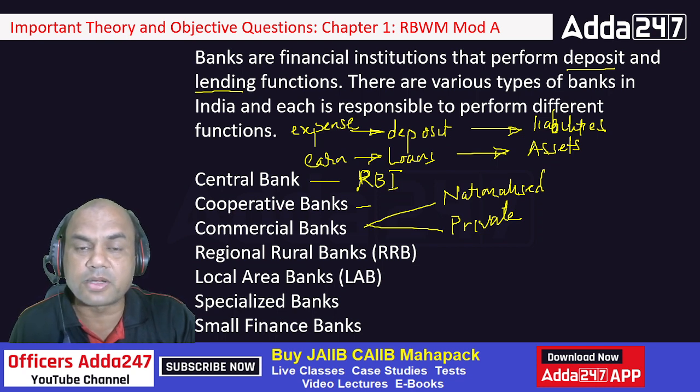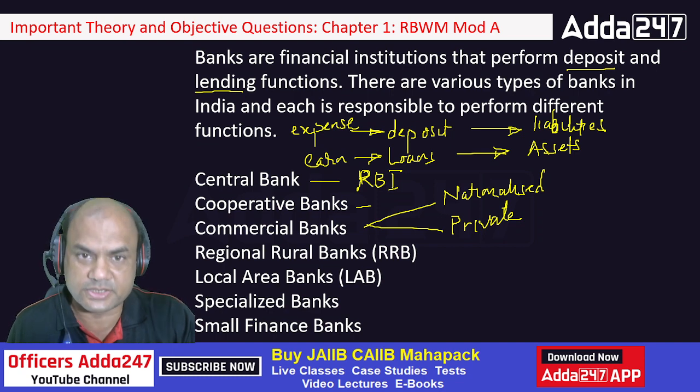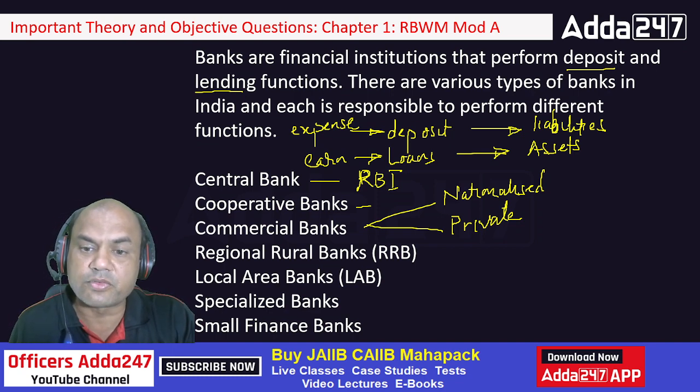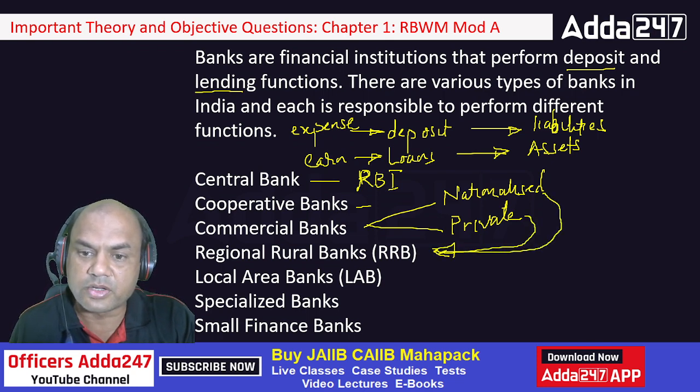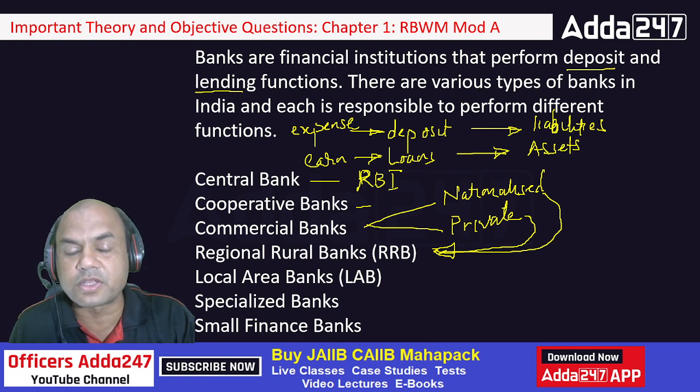Cooperative banks can't be traded in the stock market. Then we have RRBs, regional rural banks. These are banks formed by sponsor banks. Generally one of these banks, nationalized or private, becomes the sponsor of the RRBs.